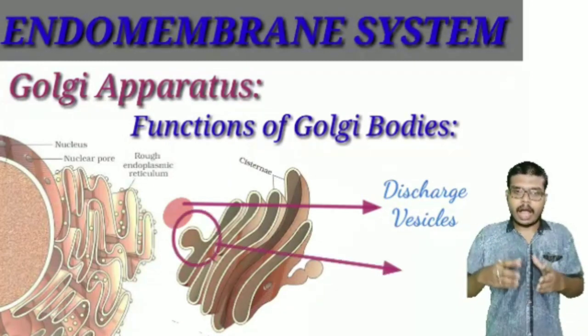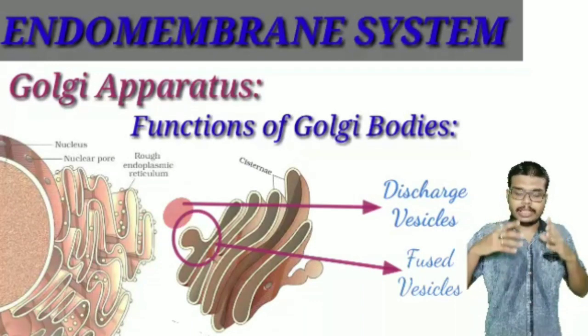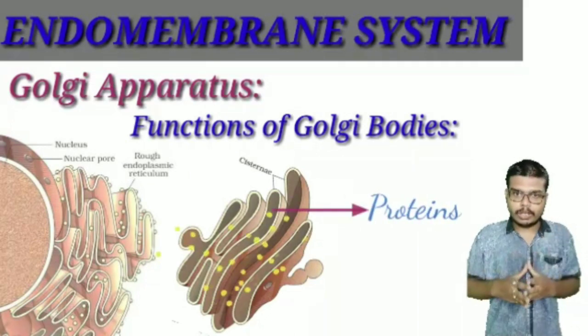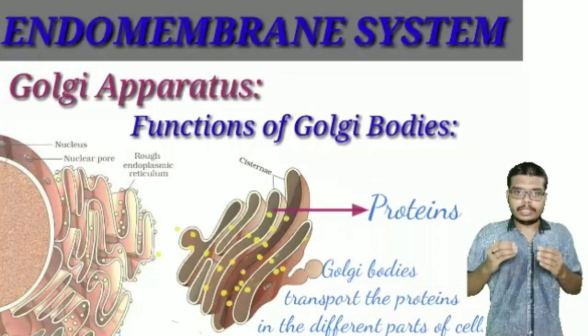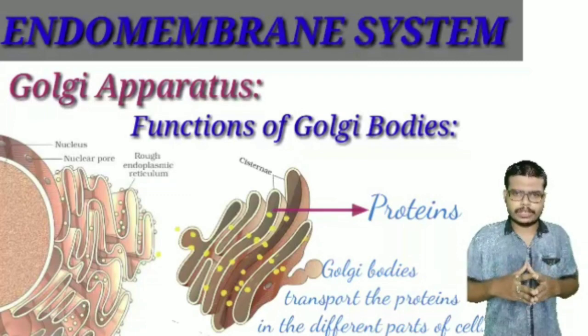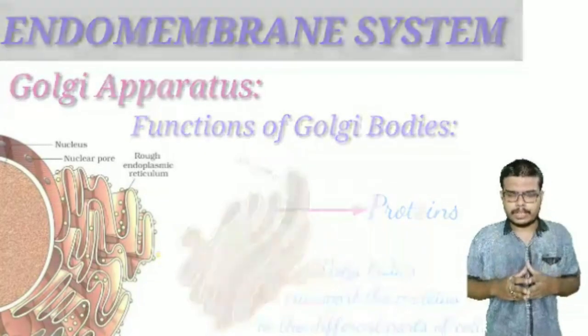These vesicles fuse with the Golgi body, and the Golgi body transports them. You can say that it acts as a post office, and it sends them to different parts of the cell.